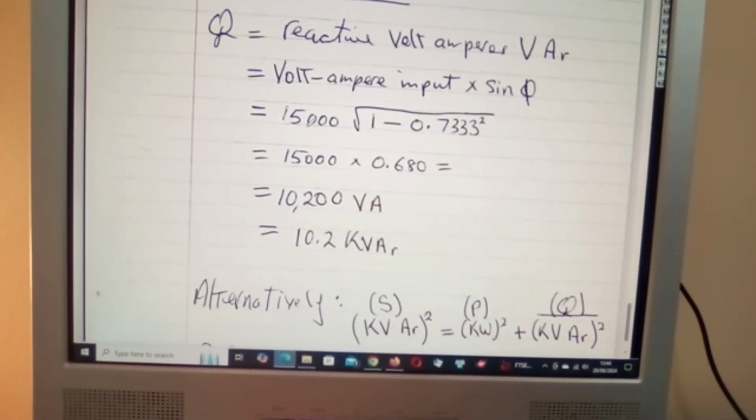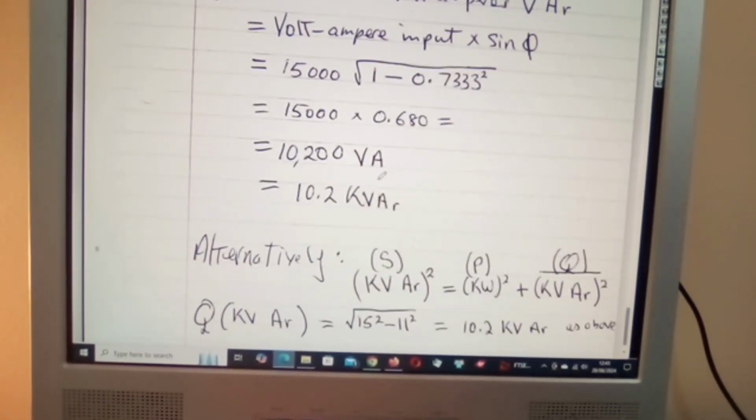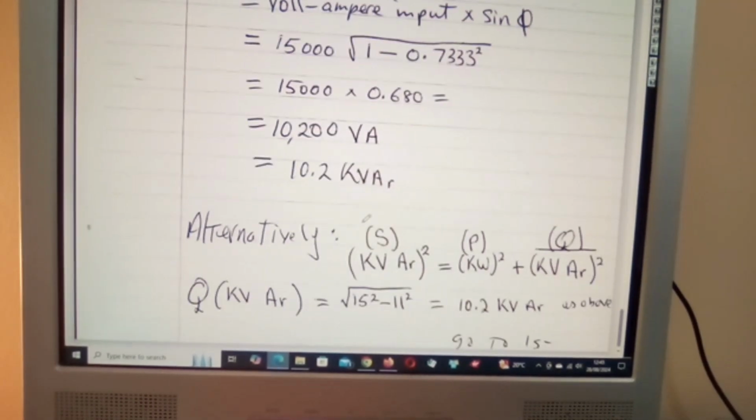I call it theta. And this is my process here. Make sure that you're happy with the result: 10,200 volt amperes, 10.2 kilovolt amperes reactive.